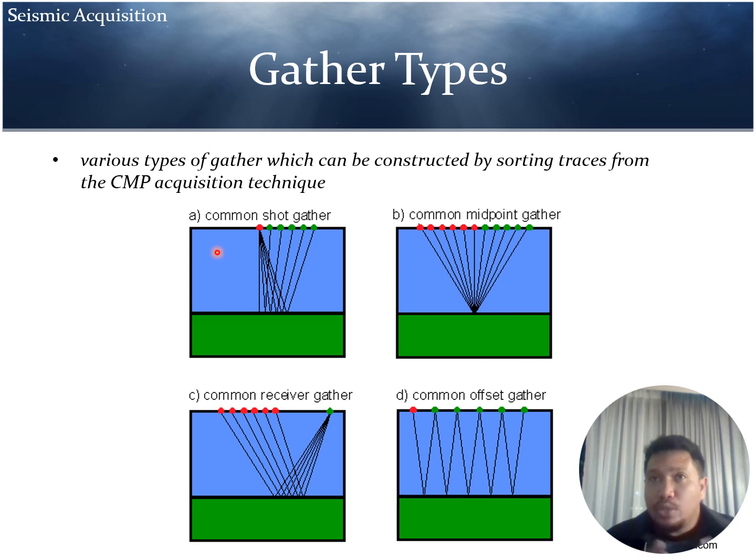However, when we want to increase the offset, let's say an offset of 10 meters, S1 with geophone number 2, S2 with geophone number 3, S3 with geophone number 4. So we try to maintain the offset. Because of that, the data that you obtain or rearrange will produce a flat horizontal line compared to the rest.